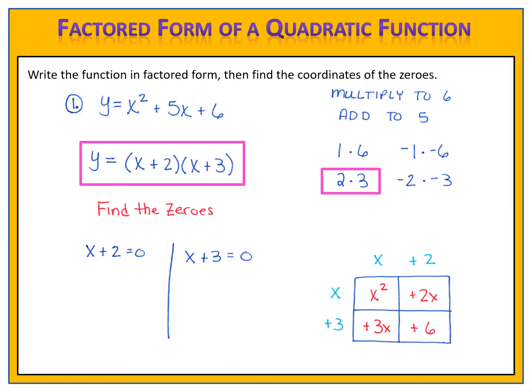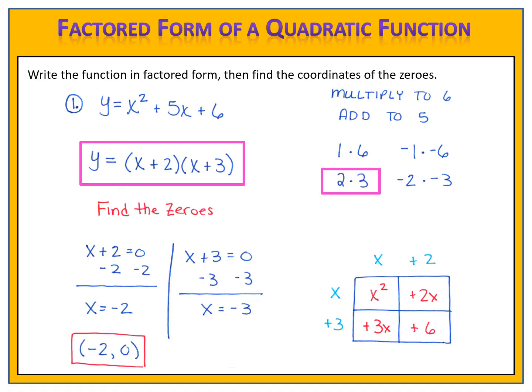Now we solve each of those little equations. On the first one, we subtract 2, and we have x = -2. On the second one, we subtract 3, and we have x = -3. This tells me the x value where those zeros are located. x = -2 means I have a 0 at the point (-2, 0). x = -3 means I have a 0 at the point (-3, 0).